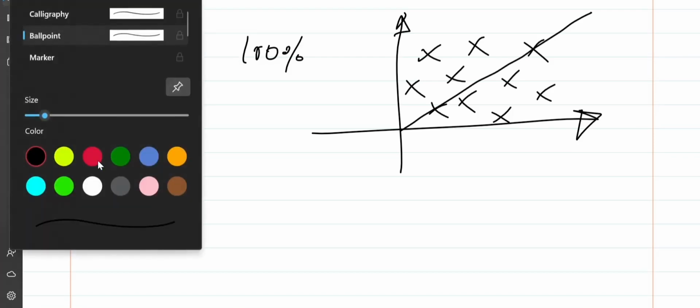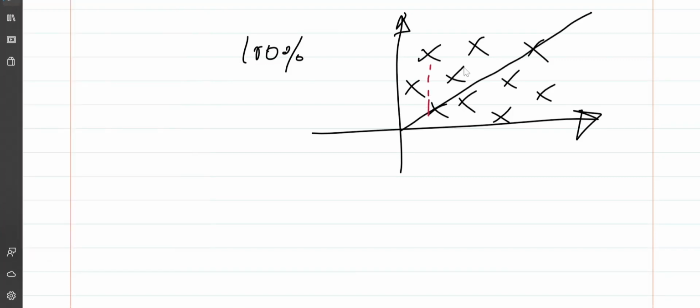So now let me depict this like this. There is a vertical distance, the perpendicular distance. So a regression line is one that will minimize this distance. When we minimize these distances, the error reduces, and it is common sense.